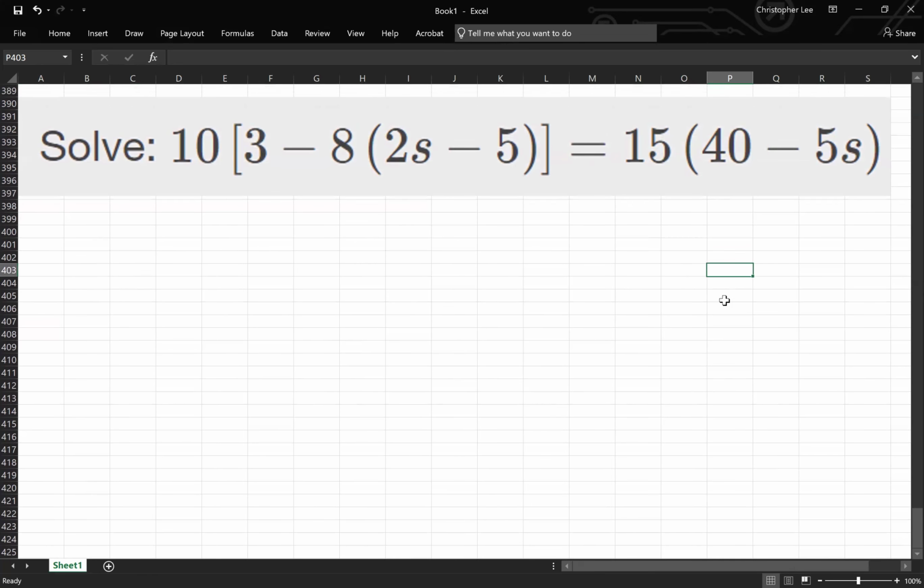All right. So this is a little bit more complicated, but it's actually the exact same thing that we've been doing, right? Follow the same steps. We're going to distribute, combine like terms, put all our variables on one side, put all our whole numbers on the other, solve for the variable, plug it in. It's the same thing, all right?